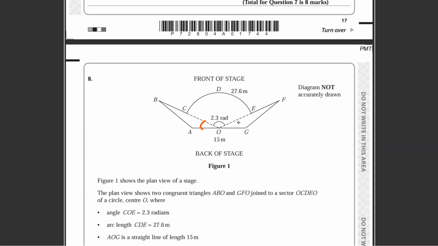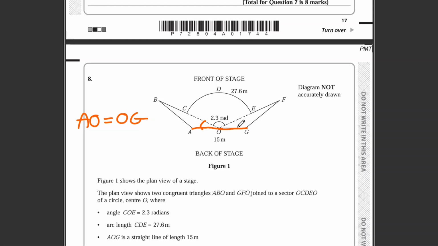So this side here is AO. Now we are told that AOG, this line here, is 15 meters, and we can see that the line AOG is made up of AO and OG. AO is going to be equal to OG. They're going to have the same length because again the triangles are congruent.